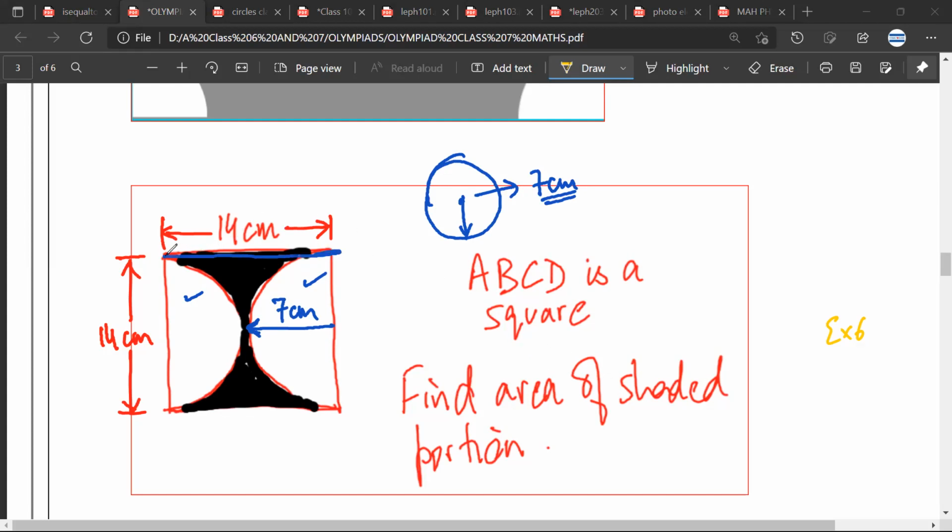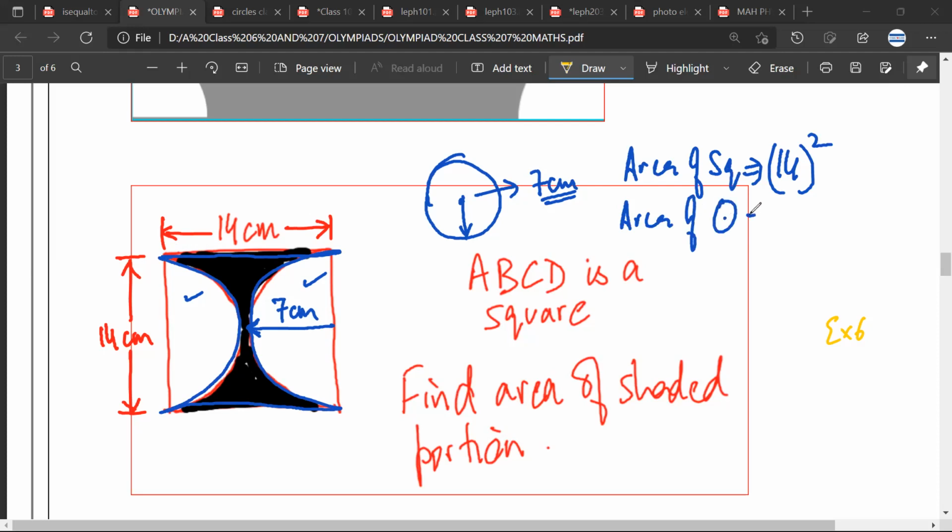So Mr. Satya, how will I find the area of the shaded portion? First you have to find the area of the square. It would be 14 into 14. Then we have to find the area of the circle, pi r square. So 14 square minus pi r square would be the final answer. Mr. Sarthak, is it correct?